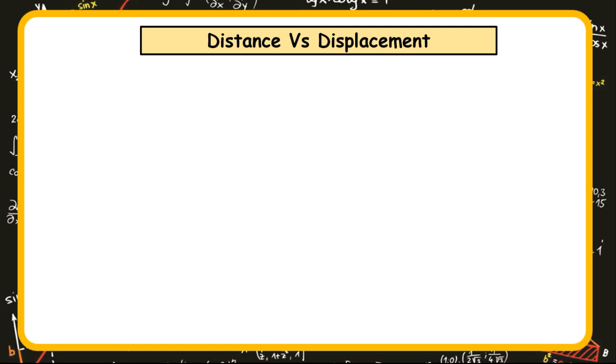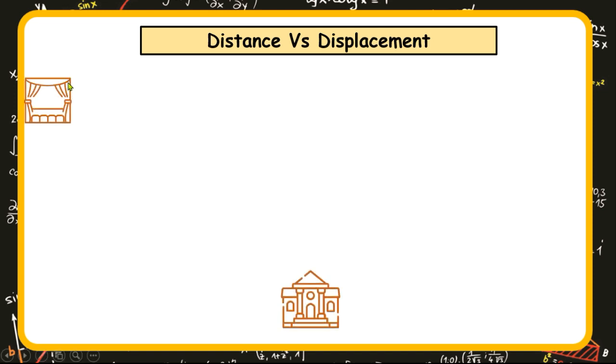Let's compare and contrast distance and displacement. But before then, let's try to understand the two of them in a particular context. So kindly follow with this illustration. This is your initial position or your home. And let's take this to be your school. Great.